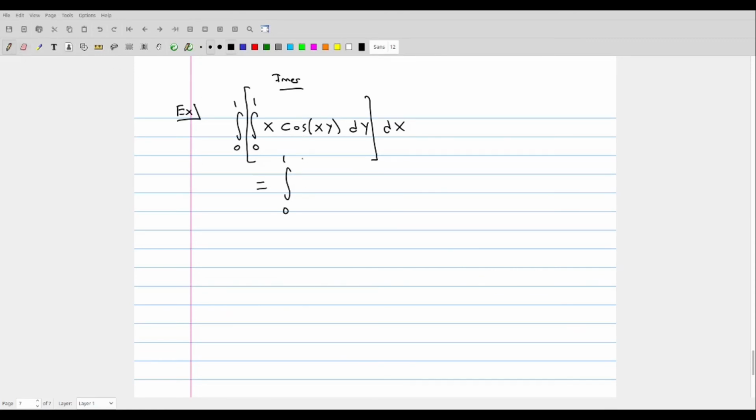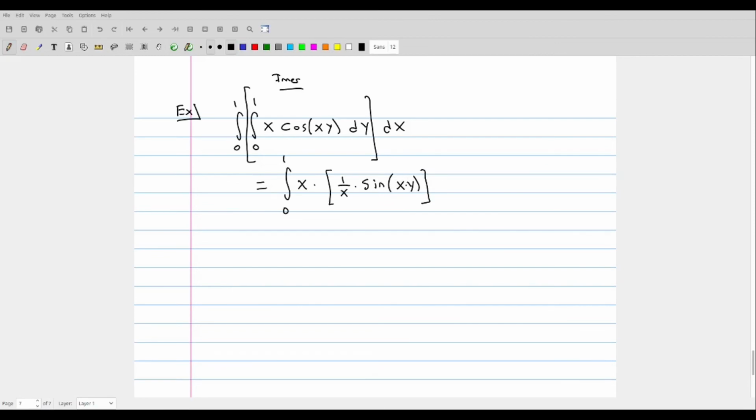The x is constant with respect to y, so this comes out of this integral. And we're just left with the antiderivative of the function cosine of xy, which is going to be given by the function 1 over x times sine of x times y.